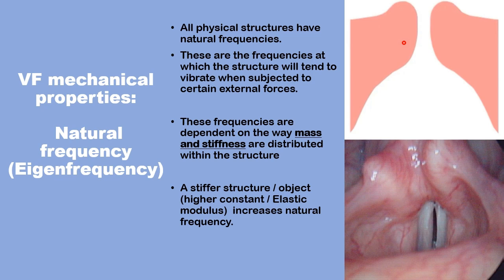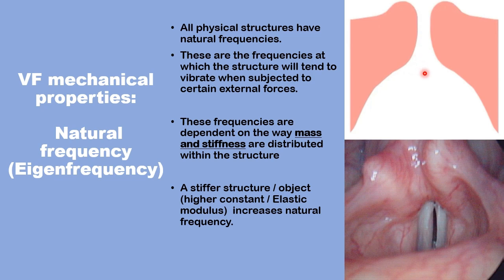Now we explore how the vocal fold stiffness, the mechanical property of the vocal fold, affects another mechanical property, that is the natural vibrating frequencies of the vocal folds, its eigenfrequency. All structures or objects, including the vocal folds, have a natural vibrating frequency. These are the frequencies at which the structure would tend to vibrate if subjected to a certain applied force.